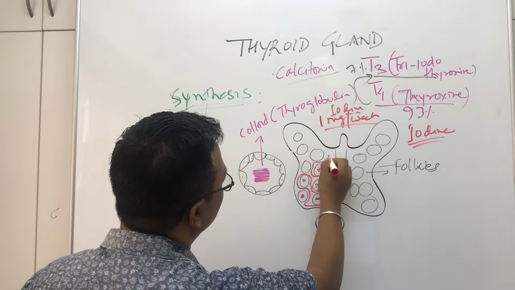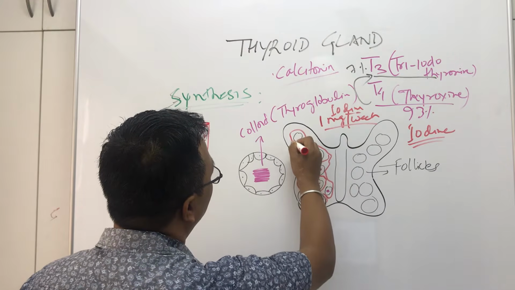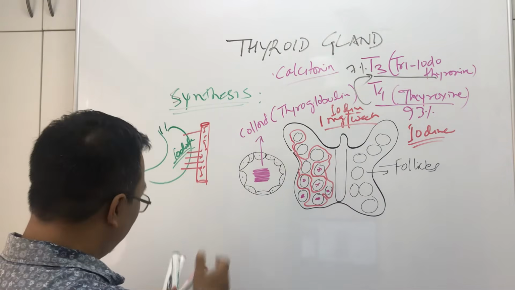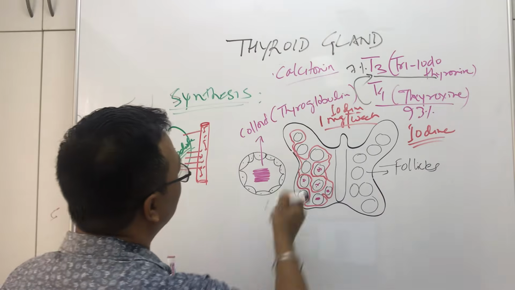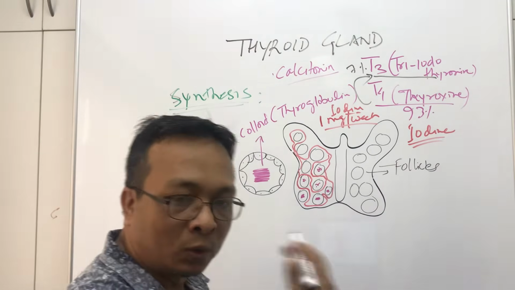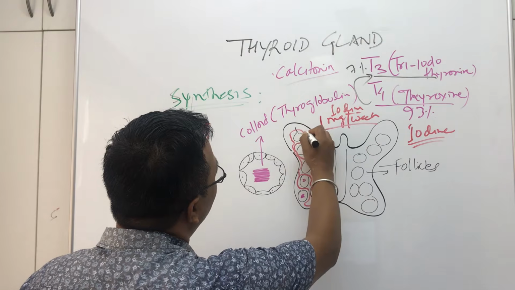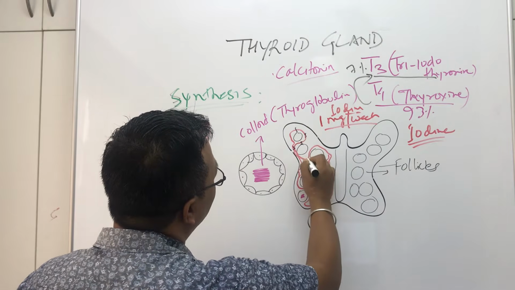So this iodide will reach from the blood circulation, go to the heart, and along with the circulation reach these capillary networks.